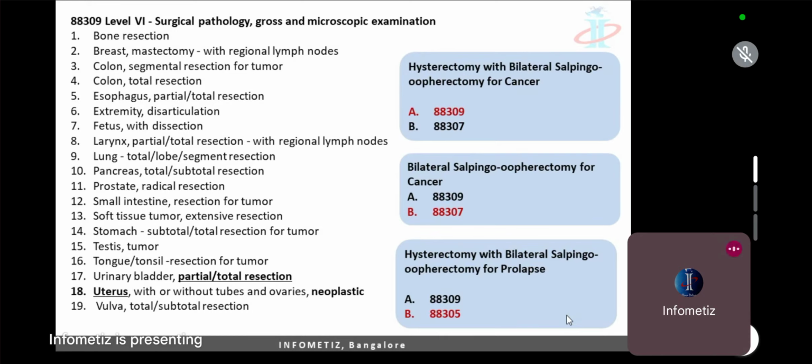E, F. 307. E, F, tube. Yes, sir. It's ovary with or without tube.